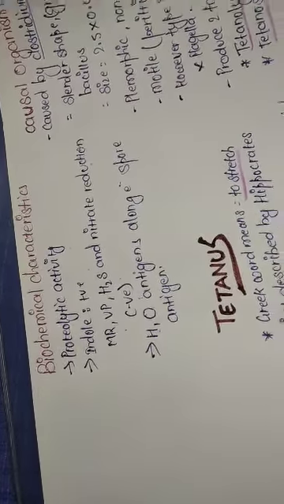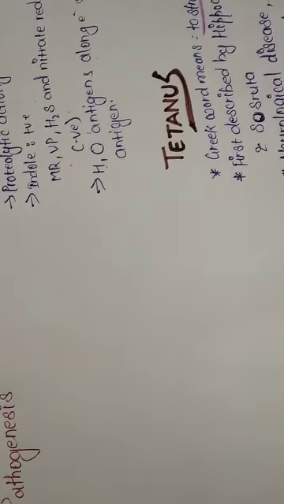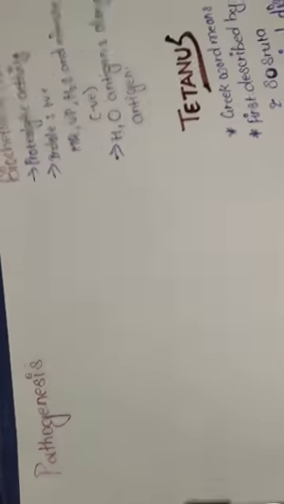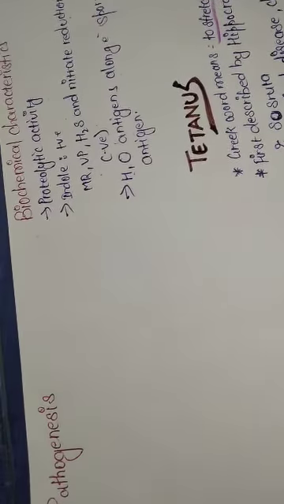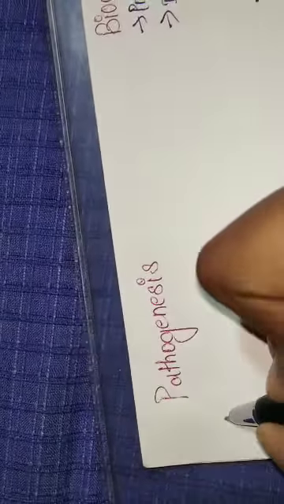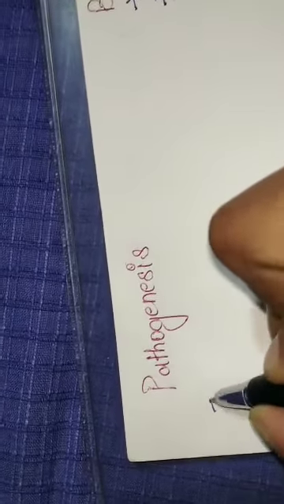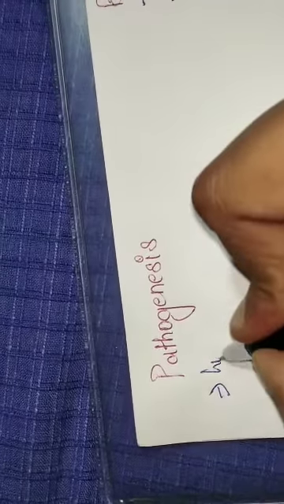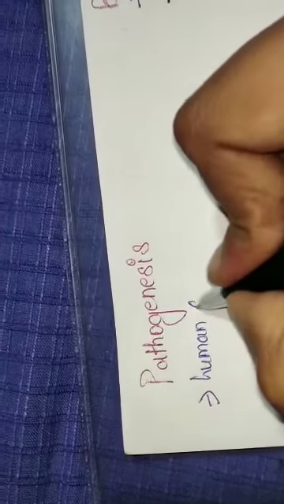Now, we will see the pathogenesis of tetanus. Actually, this Clostridium tetani is a ubiquitous organism, meaning it is present in the human gastrointestinal tract.